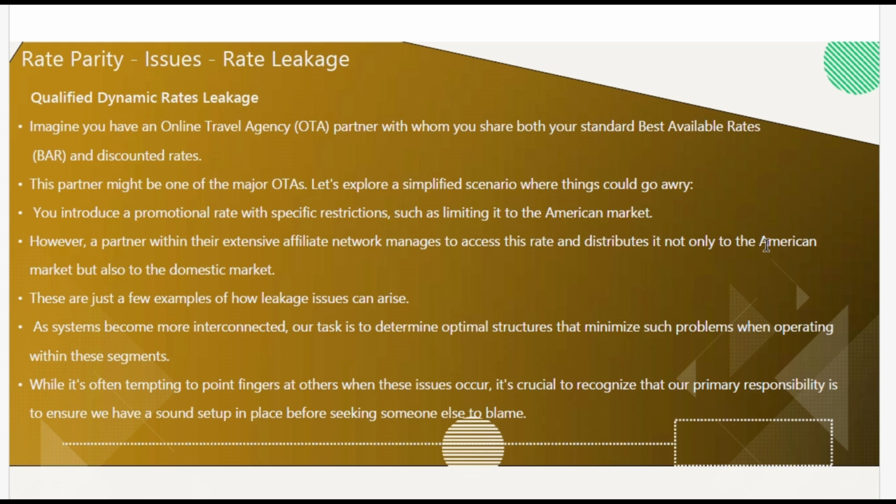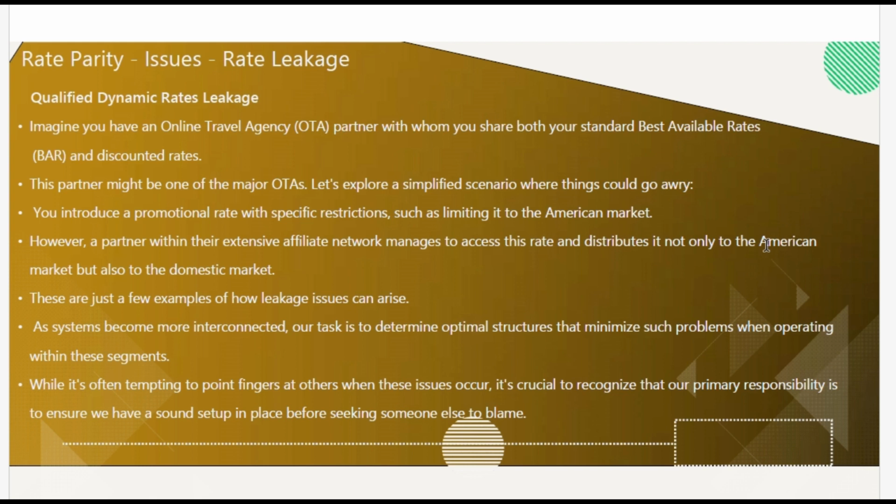Now, these are just a few examples of how rate leakage issues can arise. There can be more basically. If you want to discuss, you can drop me an email or contact me, and we can discuss that. As systems become more interconnected, our task is to determine optimal structures that minimize such problems when operating within these segments. It's often tempting to point fingers at others when these issues occur.